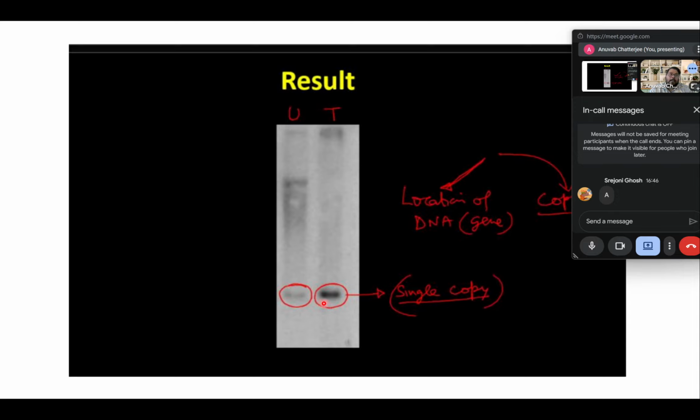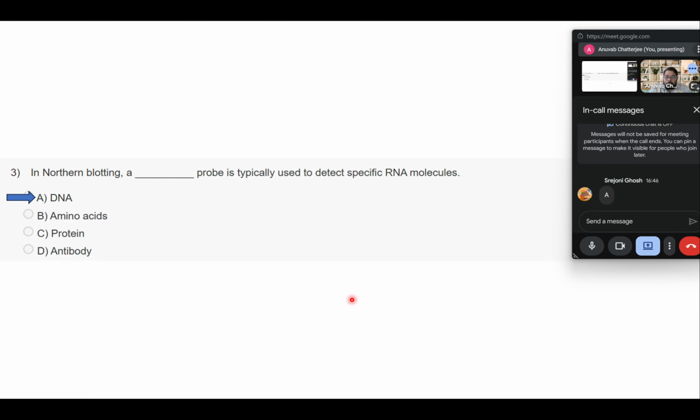Since this technique is quantitative in nature, if there is a third band which is even darker, you can say there is double the amount of DNA compared to here. So in northern blot, a DNA probe is typically used to detect specific RNA molecules.